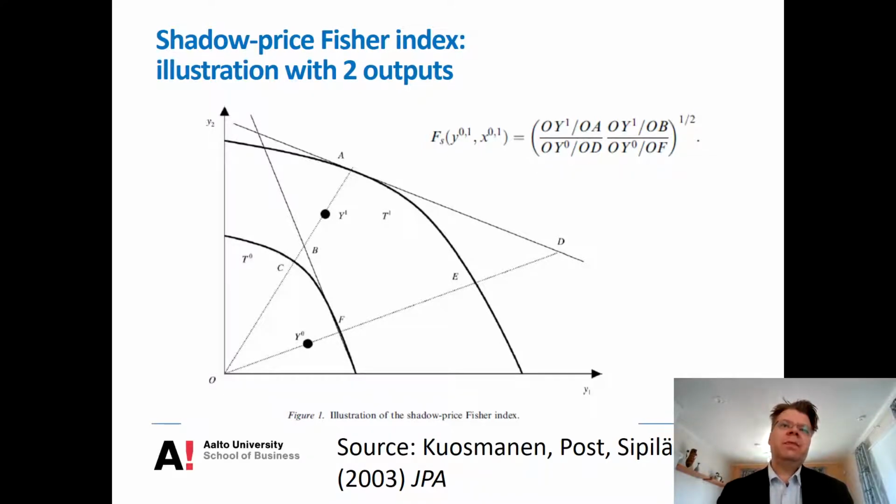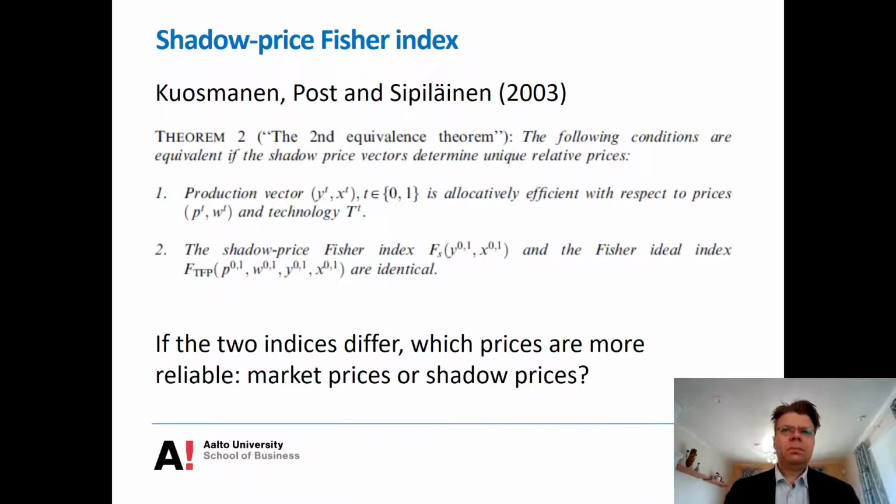So notice that if these observations are allocatively efficient, so if these projection points on the output frontiers are allocatively efficient, so if these projection points match with the revenue maximizing output quantities, then in fact this shadow price based index is equivalent to the classical Fisher output quantity index. And we have proved it formally also in the paper.